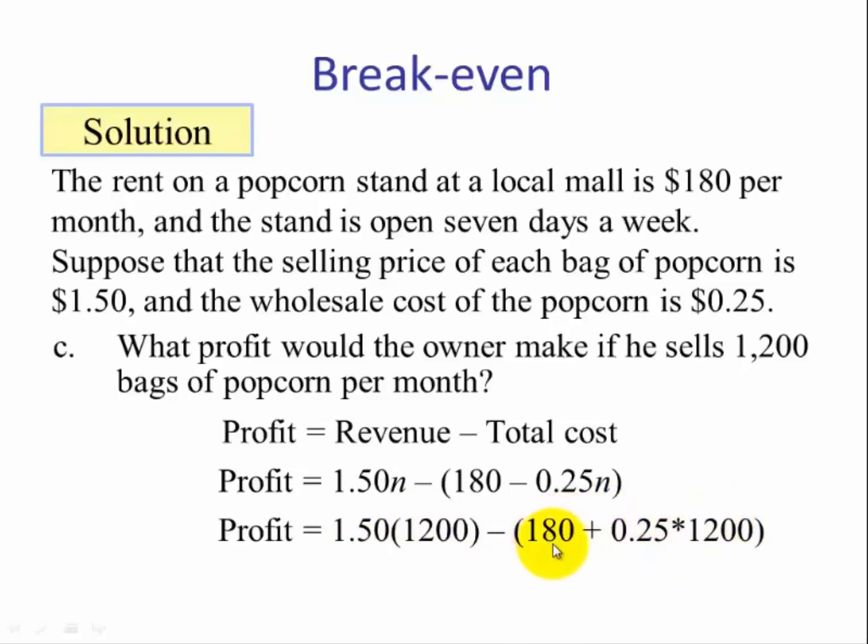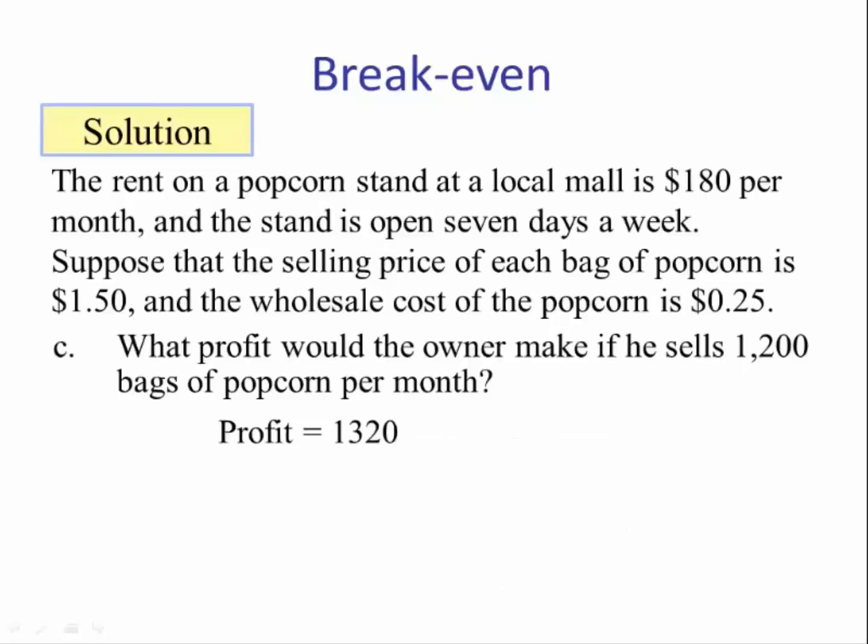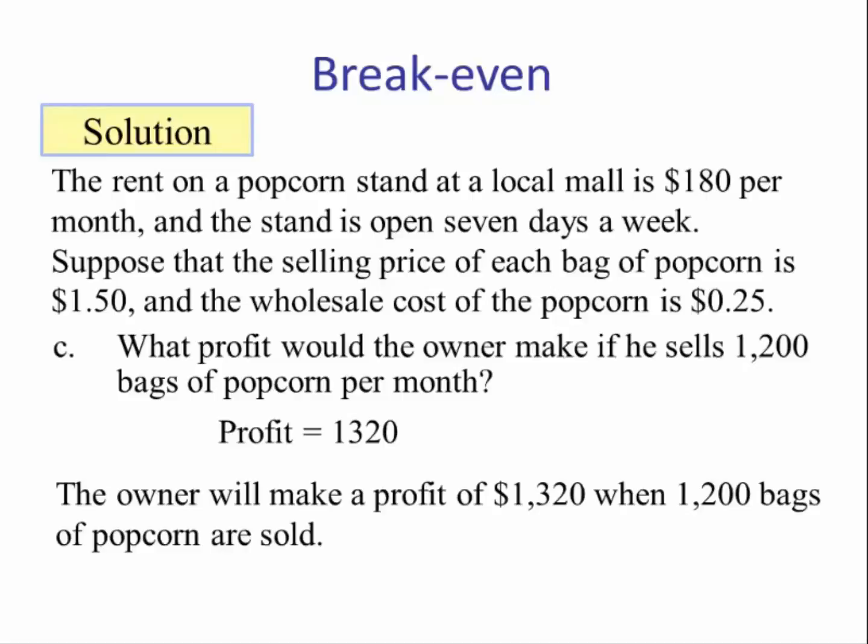Next, we have to compute what's in parentheses before we can subtract. So we take 0.25 times 1200, add 180, we get 480. 1.5 times 1200 is 1800, and we see that our profit is 1320. So in terms of this problem, the owner will make a profit of $1,320 when 1,200 bags of popcorn are sold.